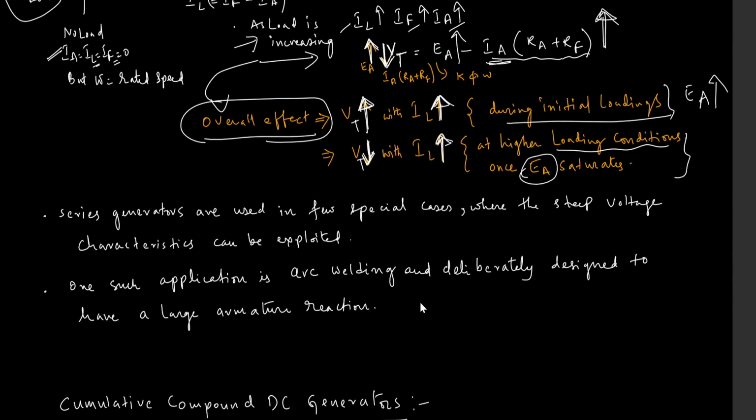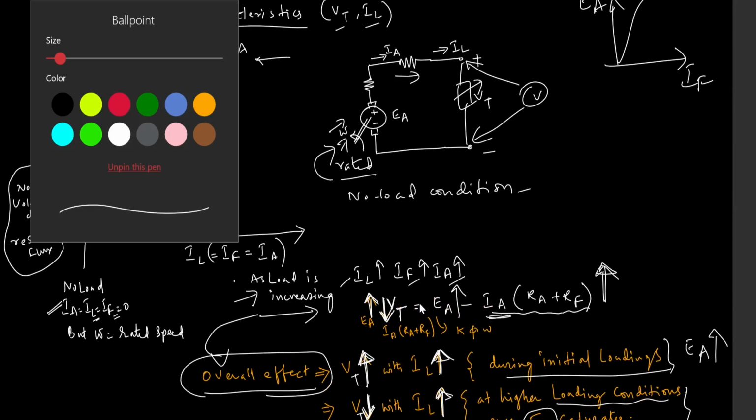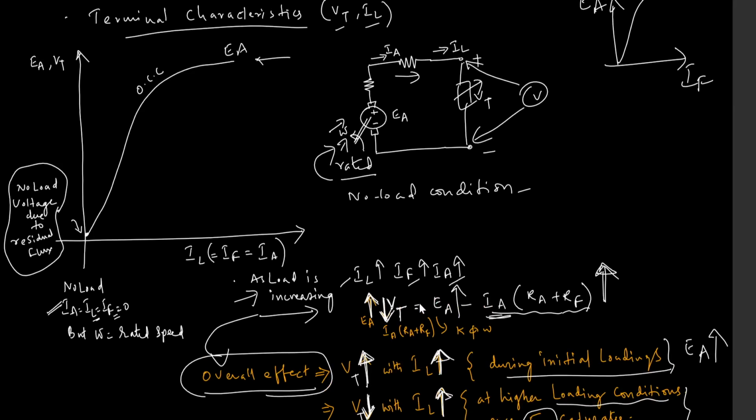Due to this, the terminal characteristic will initially rise like the OCC, and then slowly drops like this. This is only due to the IA RA drop, and that's it, only due to the IA RA drop.